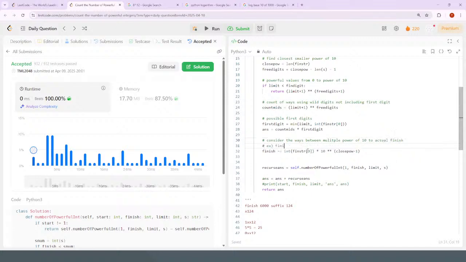Example, like if your finish is 6,666 or 6543, and the above counted for 6,000, for 1 to 6,000.